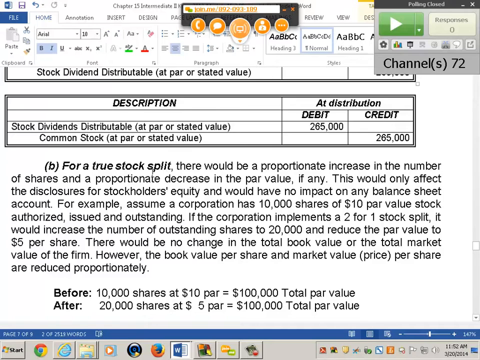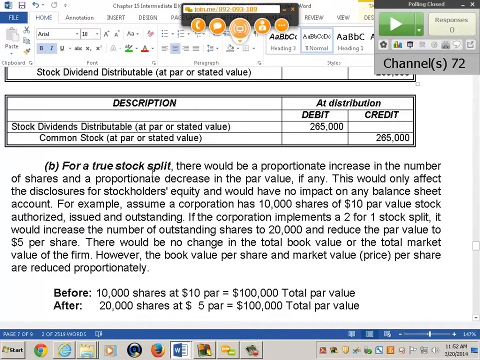If there's a 2-for-1 split, we double the number of shares and we cut the par value proportionately, meaning that now you've got 20,000 shares of $5 par. Nothing happens in the line items on the balance sheet because the dollar amounts stay the same, but the disclosures of par and the number of shares authorized, issued, and outstanding will change.